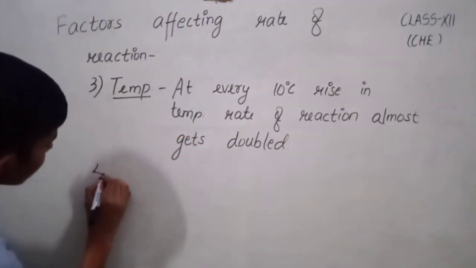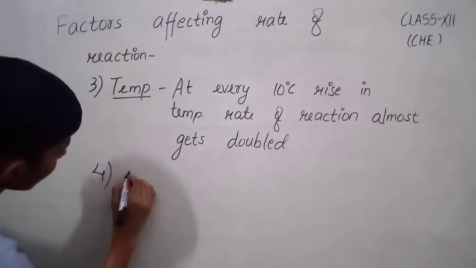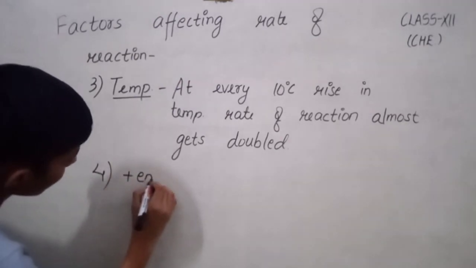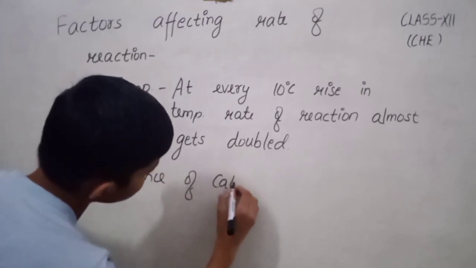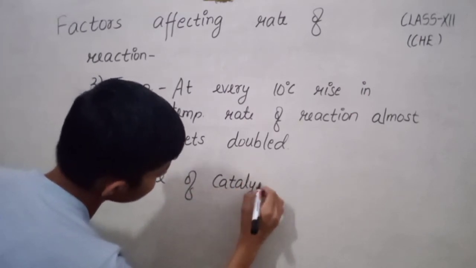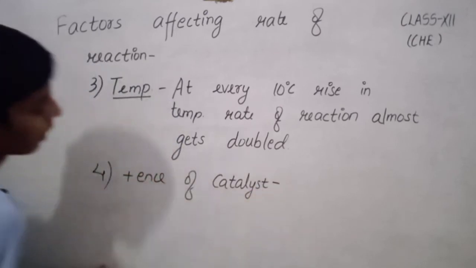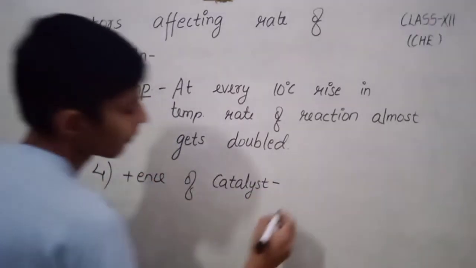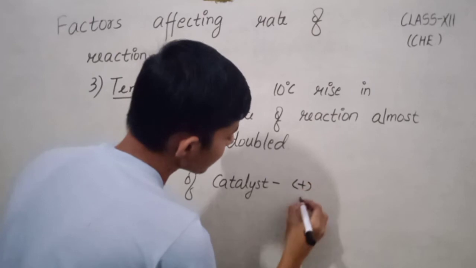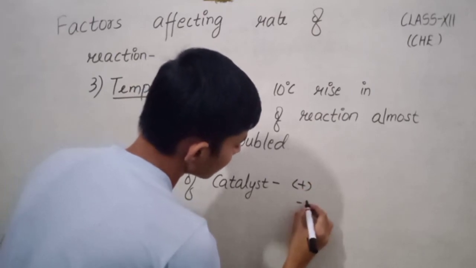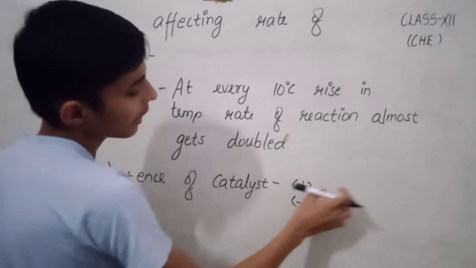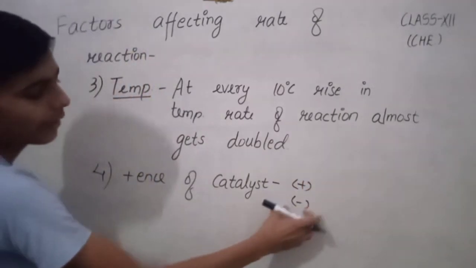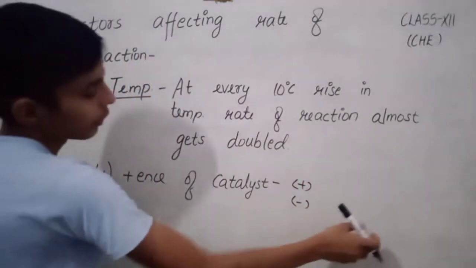So our fourth factor is presence of catalyst. Catalysts are of two types: positive catalyst and negative catalyst. Positive catalyst increases the rate of the reaction and negative catalyst decreases the rate of reaction.